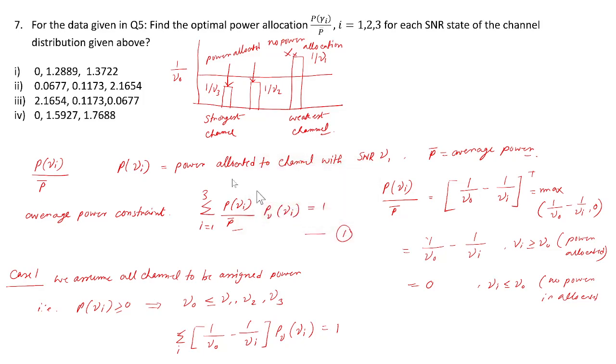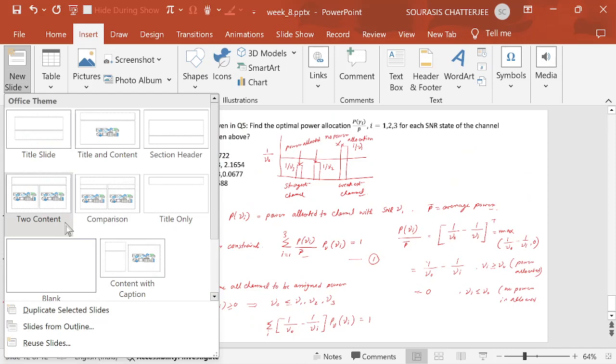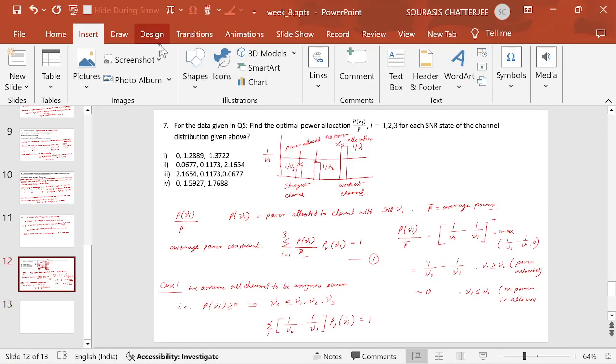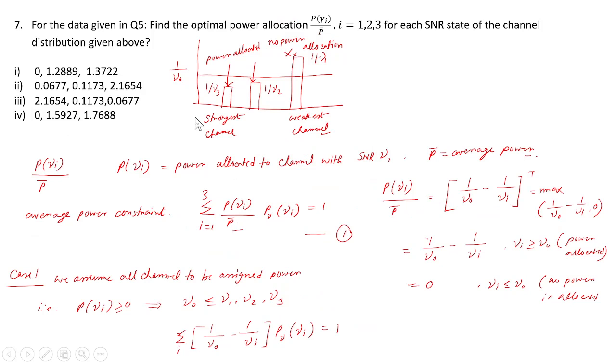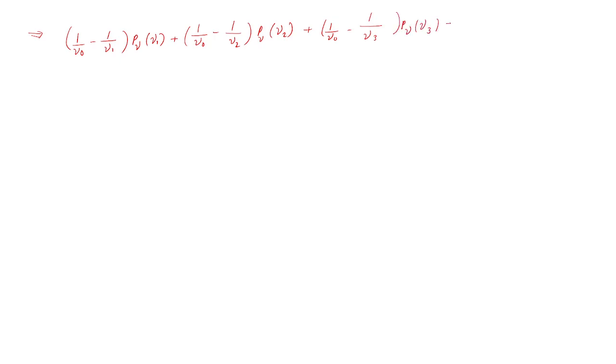Let us introduce a slide here. So basically we have 1 over gamma naught minus 1 over gamma 1 times p of gamma 1, plus 1 over gamma naught minus 1 over gamma 2 times p of gamma 2, plus 1 over gamma naught minus 1 over gamma 3 times p of gamma 3, is equal to 1.